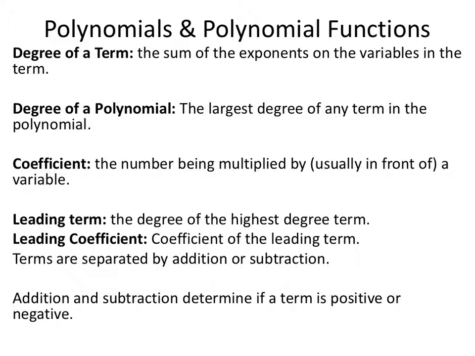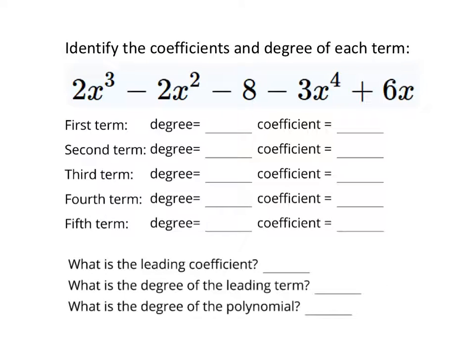Sometimes the terms are separated by addition or subtraction, but whatever they're separated by, it takes that operation as its positive or negative. So if it was subtraction, it would be considered a negative term, okay, which we'll see. This is not in descending order, which eventually will need to be, but that's okay right now.